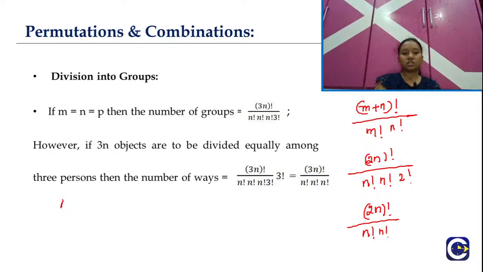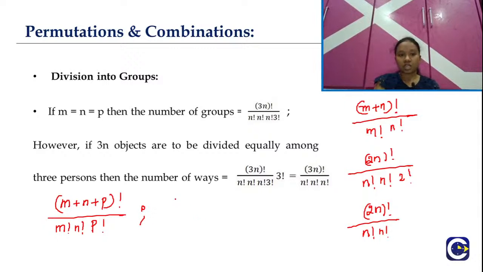That is m plus n plus p factorial divided by m factorial into n factorial into p factorial. Now when these 3 become equal, all will be the same.